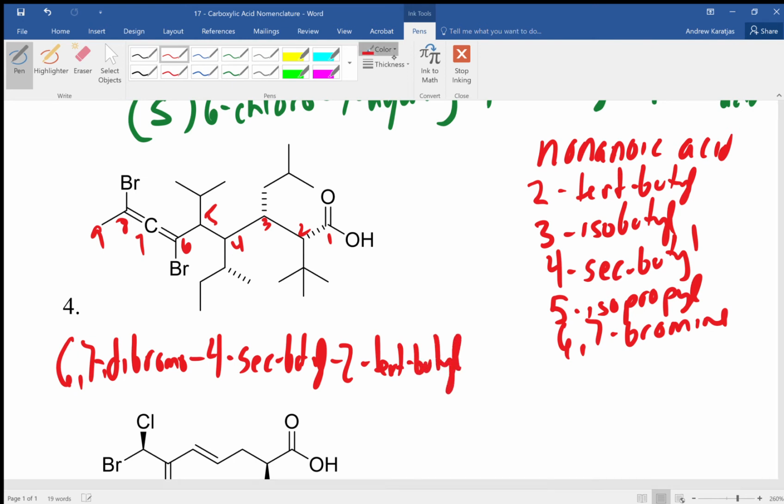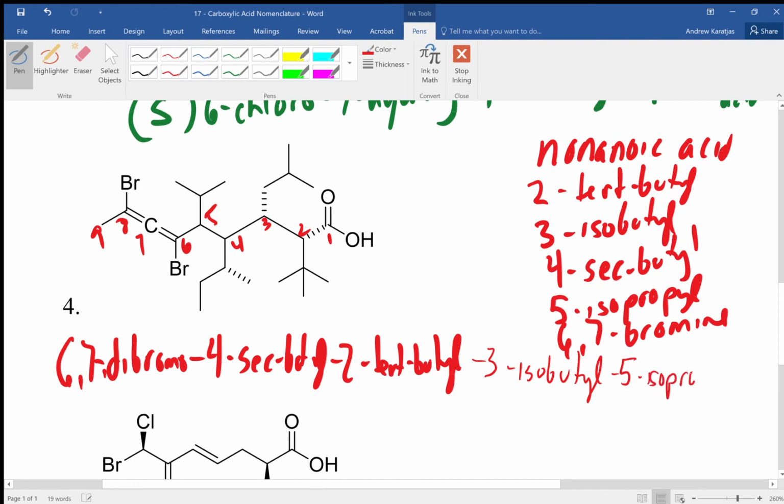Because remember, with sec-butyl and tert-butyl, those are both numerical, the sec and tert, so they get alphabetized under B and not under S or T. And we get our isobutyl and our isopropyl, and then our parent name, which needs to include the 2 alkenes at 6 and 7, so 6,7-dienoic acid.